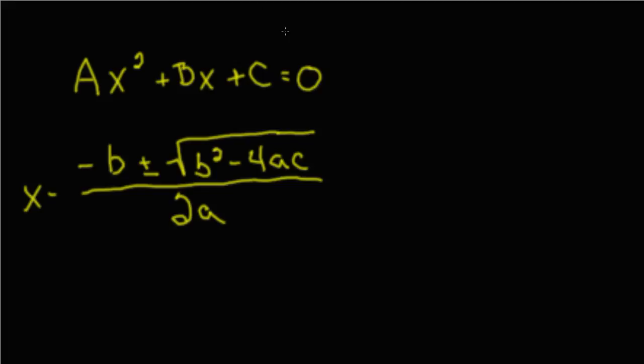So our first problem that we're being asked is negative 10x plus 4 minus 3x squared equals 0.